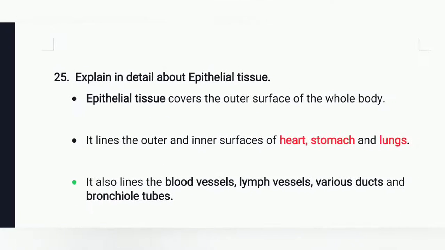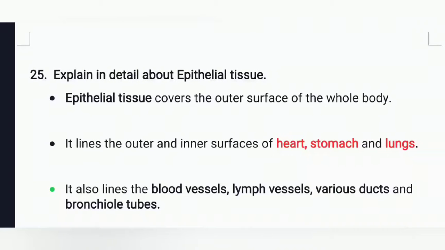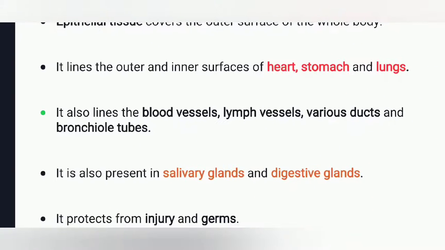Epithelial tissue covers the outer surface of the whole body. It lines, it means it covers the outer and inner surfaces of heart, stomach and lungs. It also lines the blood vessels, lymph vessels, various ducts and bronchial tubes. Ducts are tubular-like things which transport the secretions of glands.